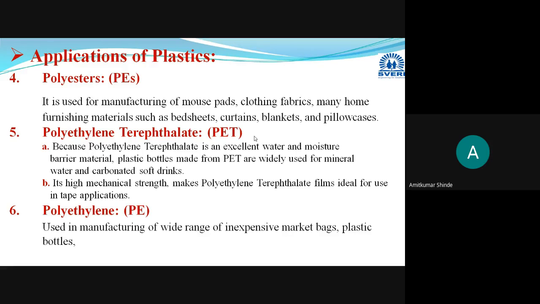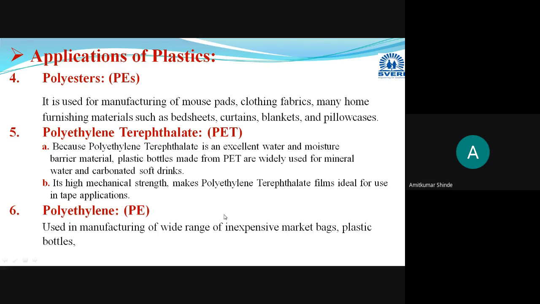Then clothing fibers and many home furnishing materials like bed sheets, curtains, blankets, and pillowcases are all manufactured with the help of polyesters.